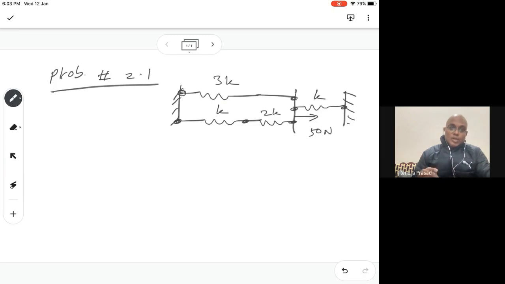What you are supposed to do is, number one, number the elements and nodes.